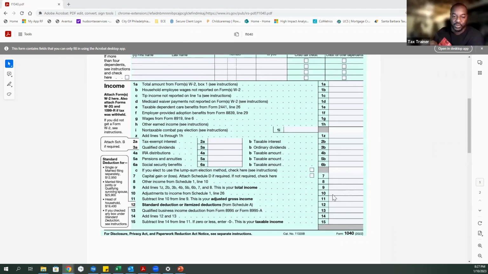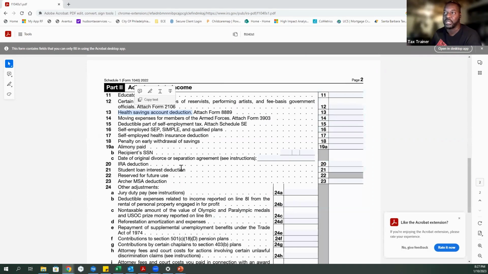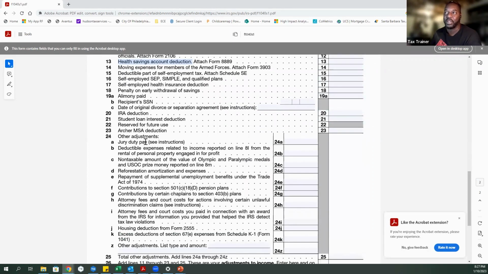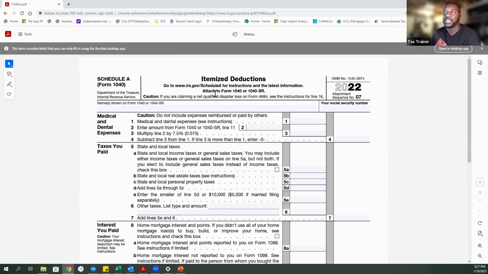Adjustments are student loan interest, educator expenses, HSA deduction, IRA deductions. Those are all adjustments and they live on your Schedule 1. These are a whole bunch of adjustments that you can use to reduce your income. But this has nothing to do with itemized deductions, because all that happens before I even get here. Does it make sense?